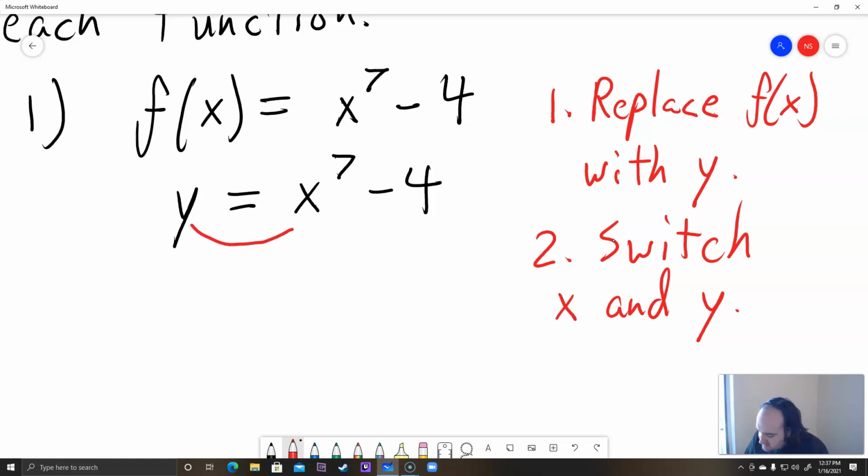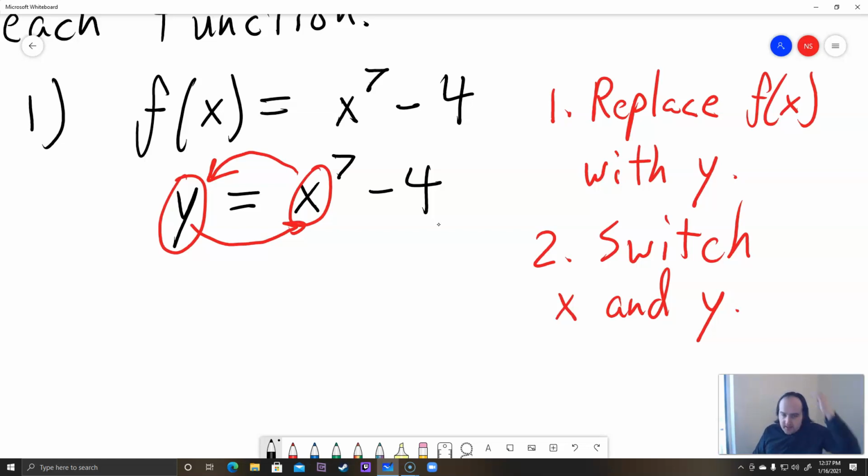So this x and this y, we're going to interchange them, but everything else stays the same. We're not going to move the 7th power, we're not going to move the minus 4 in this step. So now instead of y equals x to the 7 minus 4, we're going to have x equals y to the 7 minus 4.